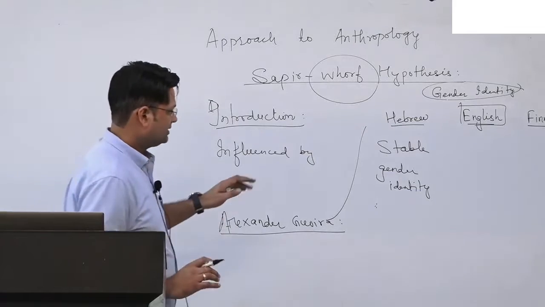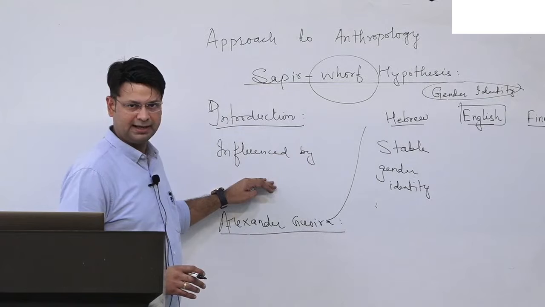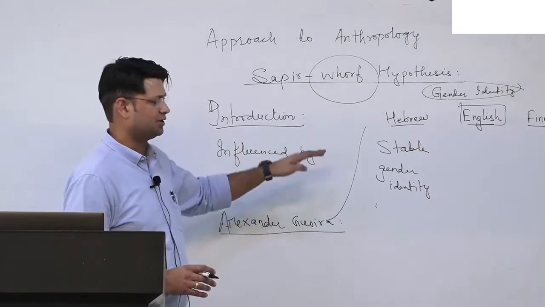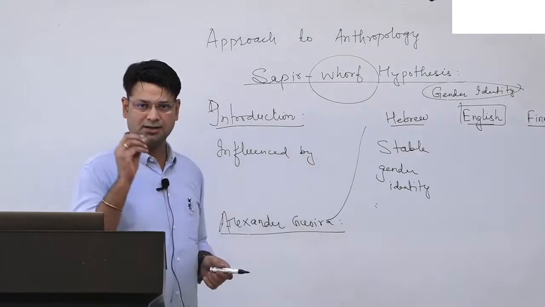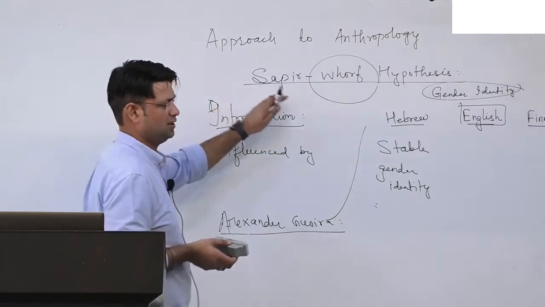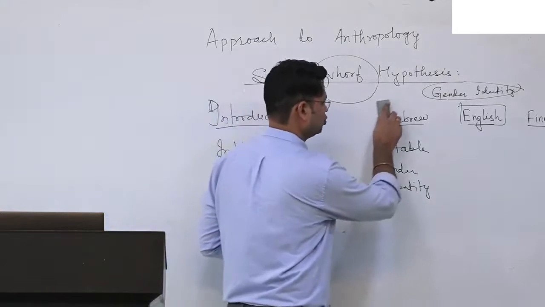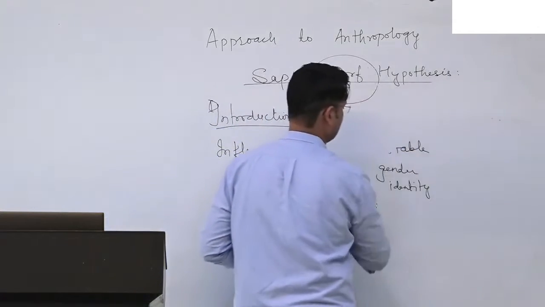Now basically these two examples, one given by Whorf and the second by Alexander Goyda, support that whatever was said by this hypothesis was right, correct and proven, right? So you have given these two case studies to prove this answer.